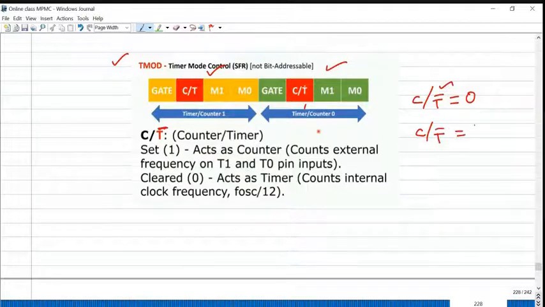If this is 1, the counter mode operation will be enabled. To select whether the timer operates in timer mode or counter mode, this particular bit is used. For timer 1, this bit; for timer 0, this bit. Apart from this, we have 2 more bits, M1 and M0, available in both timer counter 1 and timer counter 0.